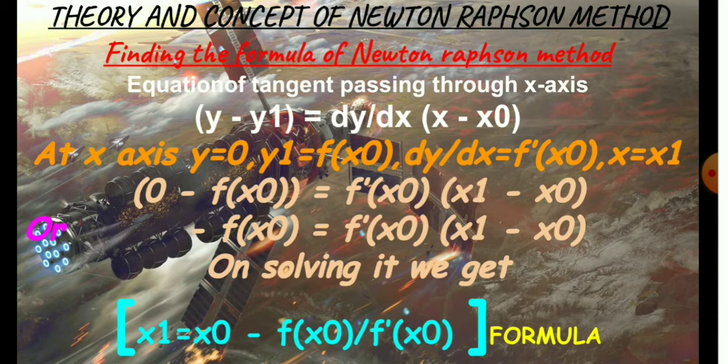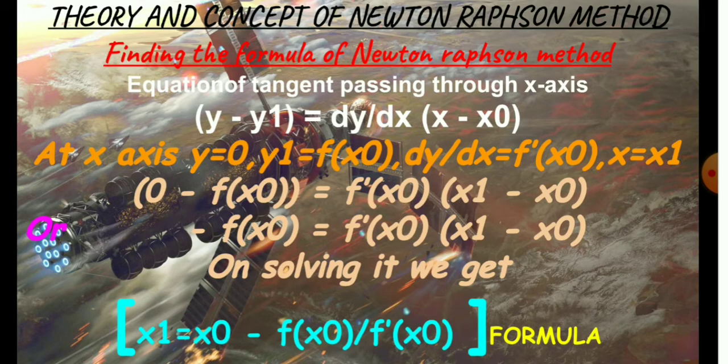Here x1 is the first approximate value. Then it continues by changing the values to x2, x3, x4. If x1 is replaced by x4, then x0 is replaced by x3. The index decreases by 1 each time.